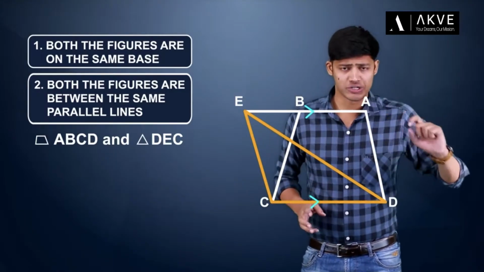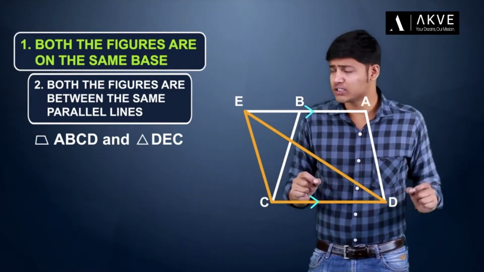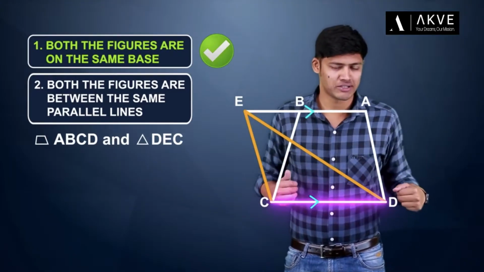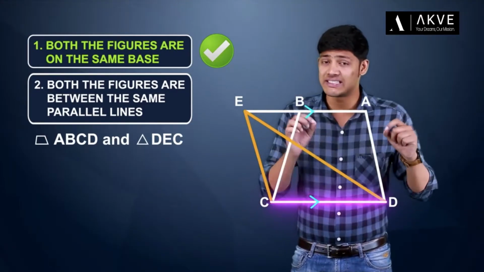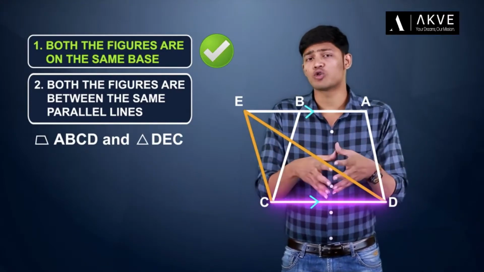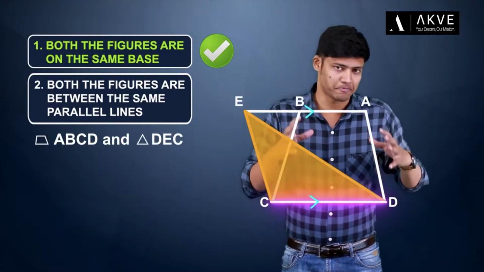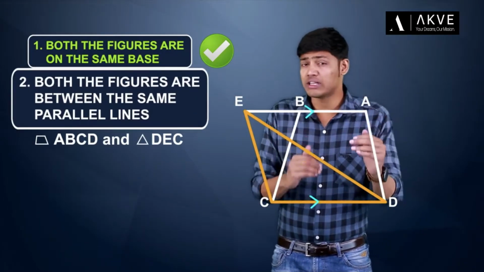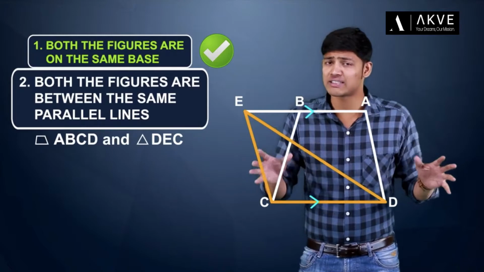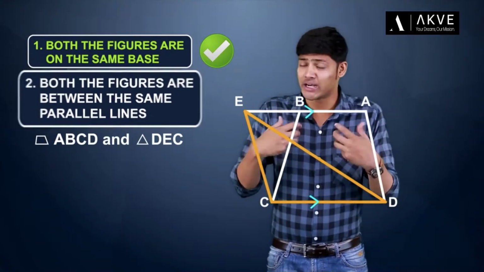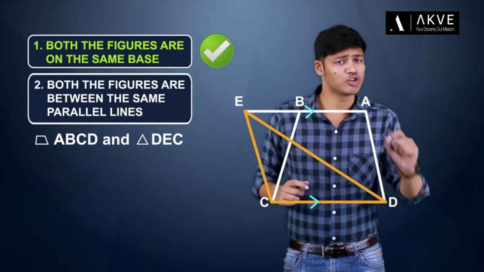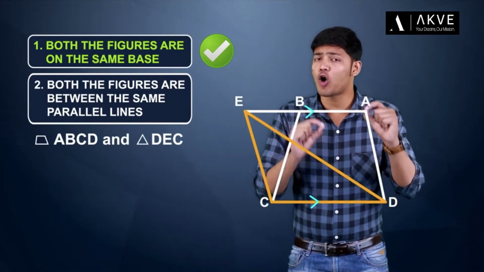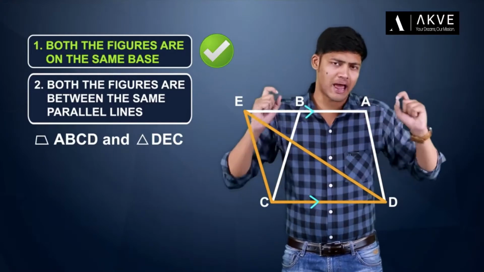The first observation is that both of these figures must be on the same base. Yes, they are on the same base. The base of the trapezium is CD, which is also the base of the triangle DEC. Now, the second observation is that both these figures must be between the same parallel lines. Let's see whether this observation is true or not. In a trapezium, we know that a pair of opposite sides must be parallel.